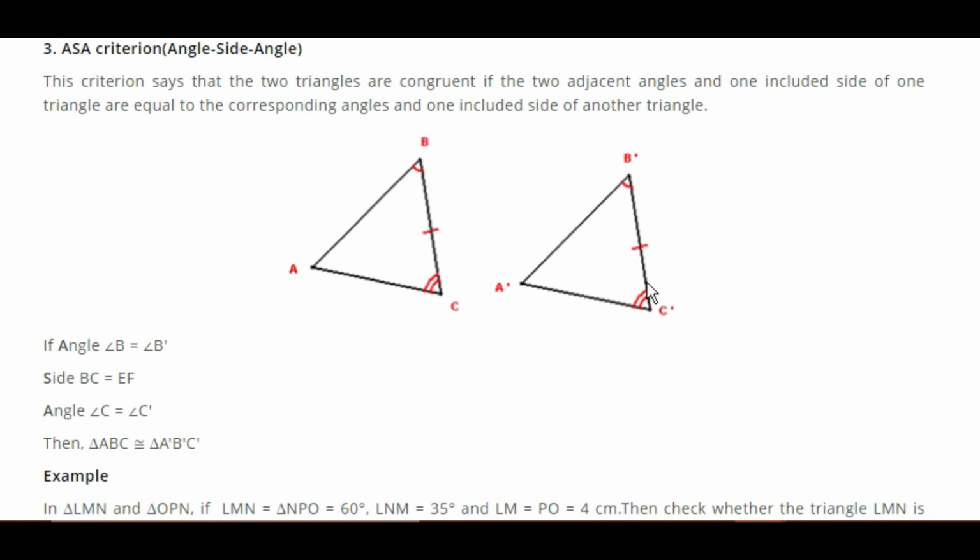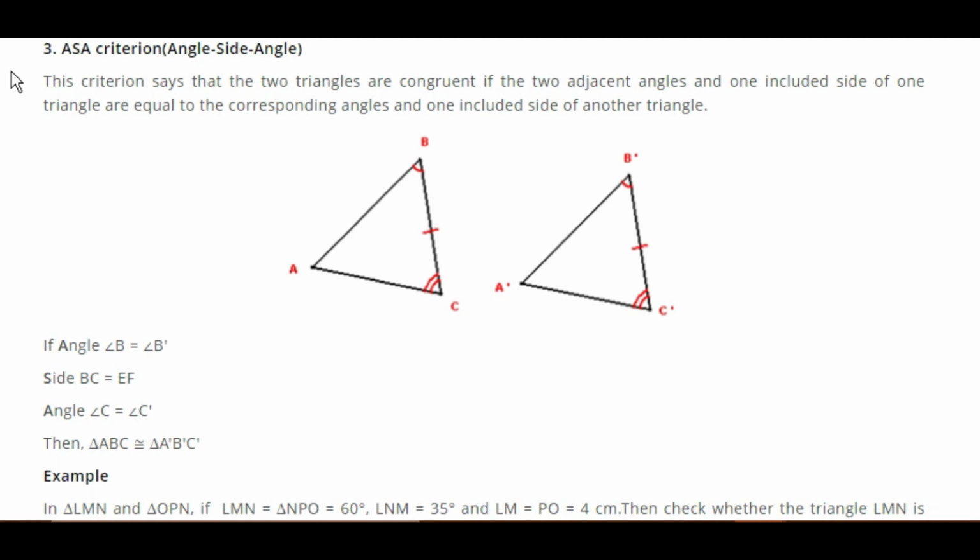Here also B dash and C dash. So these two angles and these sides should be equal for this criteria ASA. This criteria says that the two triangles are congruent if the two adjacent angles and one included side of one triangle are equal to the corresponding angles and one included side of another triangle.